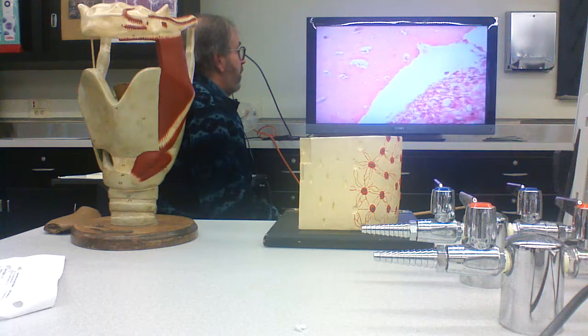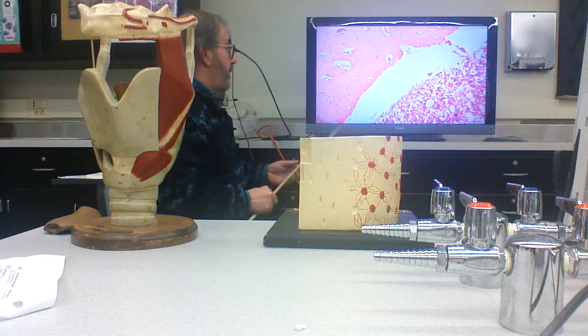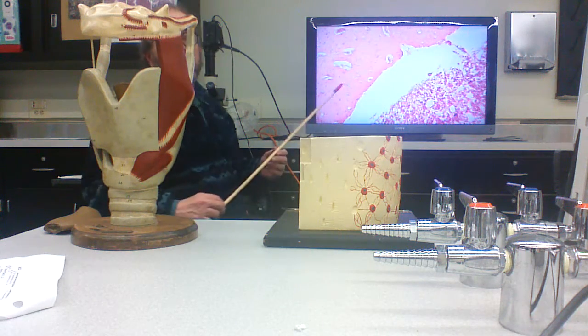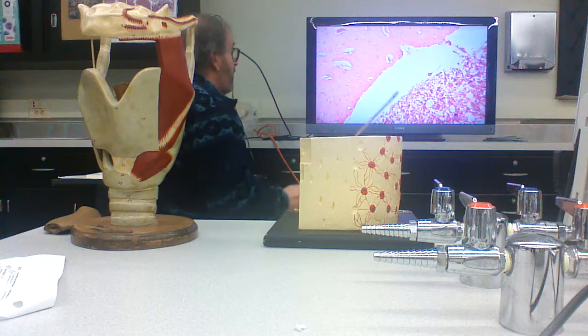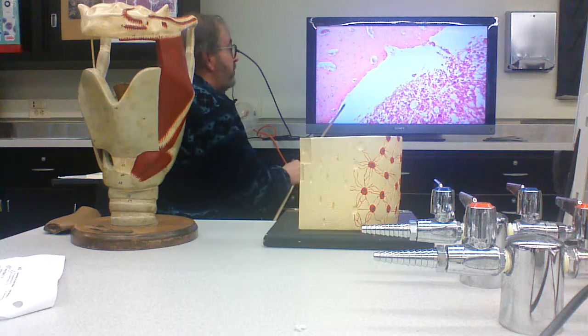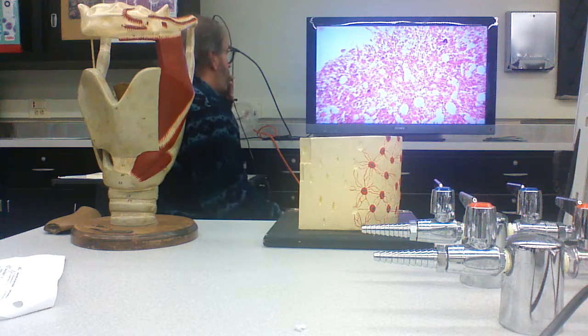Now, what you need to know is that on the inside of the bone there is also a layer called the endosteum, E-N-D-O-S-T-E-U-M, or the internal layer of osteogenic cells. They're going to line the inside of the cavity and all the structures on the inside of the bones.